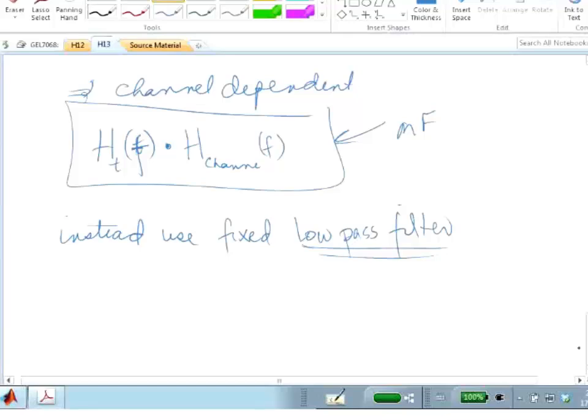What would be a reasonable bandwidth for the low-pass filter? And in some cases, there's actually a standard. So in this paper, they talk about the SONET standard, and the SONET standard was to use a 0.75 R bandwidth fourth order Bessel filter.